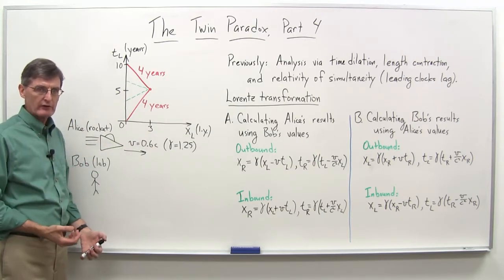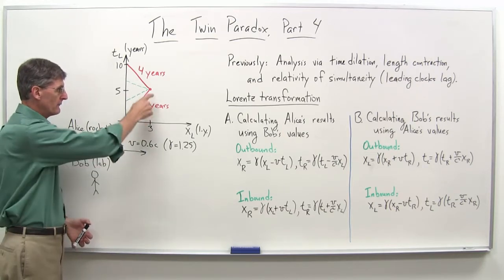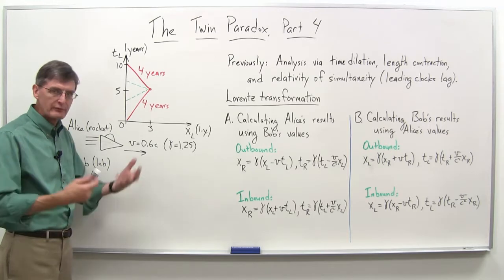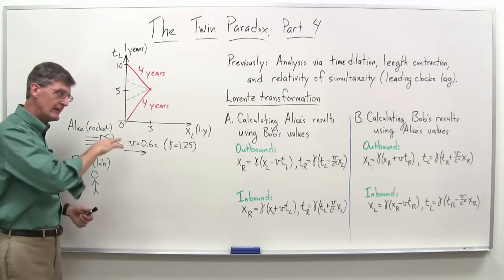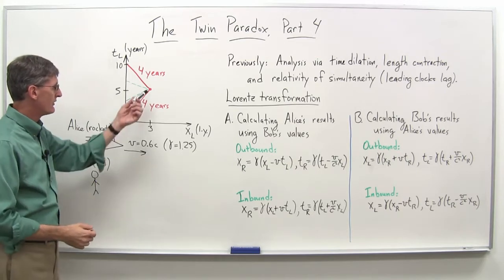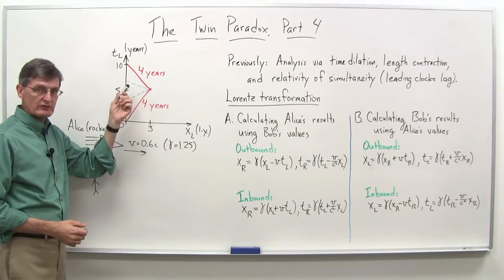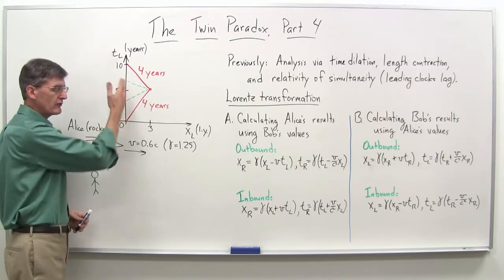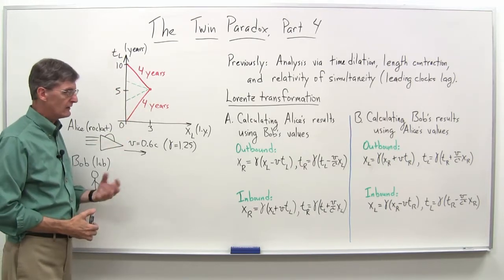He would not undergo acceleration, whereas Alice would at the turnaround point, decelerating and accelerating. So if that helps a little bit to see what's going on, even though it seems symmetrical, it actually is not. And of course, the acceleration at the turnaround point is the key factor, because that's what changes the frames of reference for Alice.